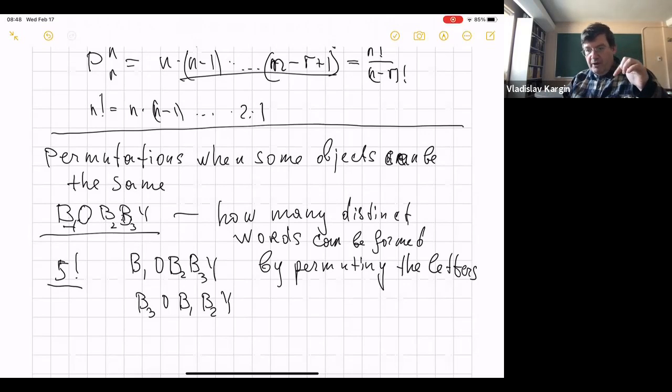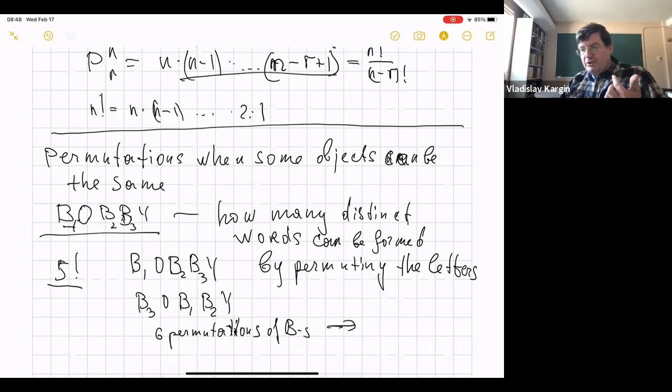Okay, so we have 6 permutations, which correspond to the permutations of B, which corresponds to one distinct word.